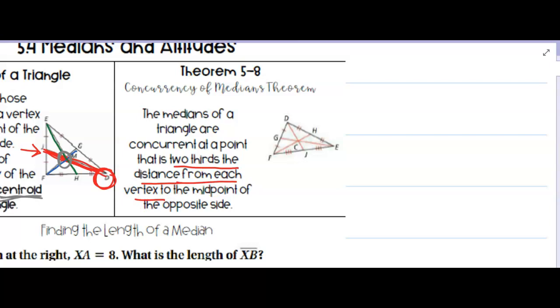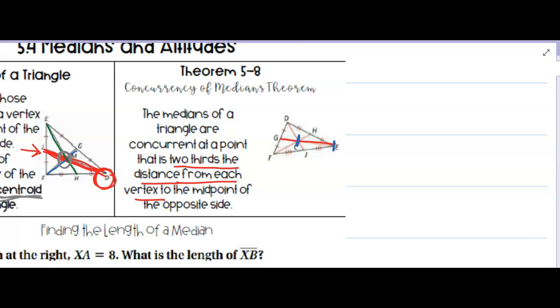Okay, so if we were to talk specifically, let's talk about this median here, GE. Okay, so the median is segment GE. Okay, so the median is going to be concurrent at this point C. So that point C is 2/3 the distance from the vertex to the centroid, okay?